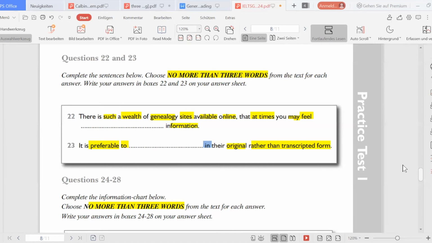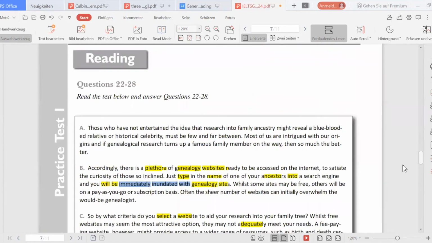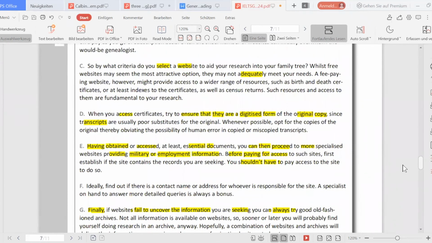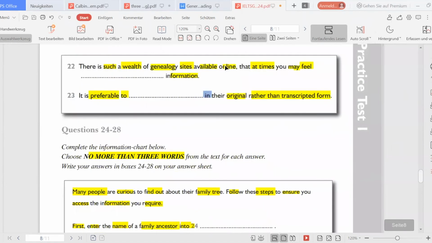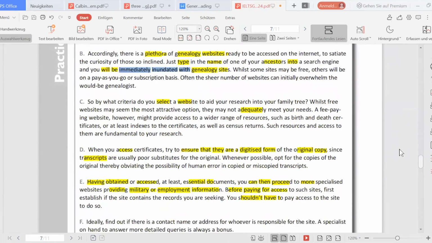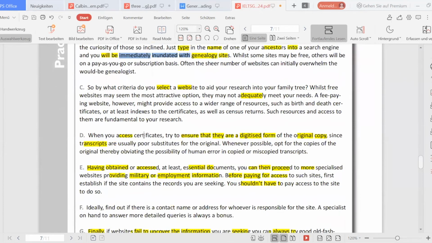So let's go to the sentence and try to see if you can find a noun that fits in that gap. Okay, and it's actually quite difficult considering our sentence here. The difficulty lies in the fact that the sentence continues. So let's put something here. It is preferable to, let's pick a noun from that sentence and then we will see, let's pick the noun certificates, okay? Or we can also pick substitute.